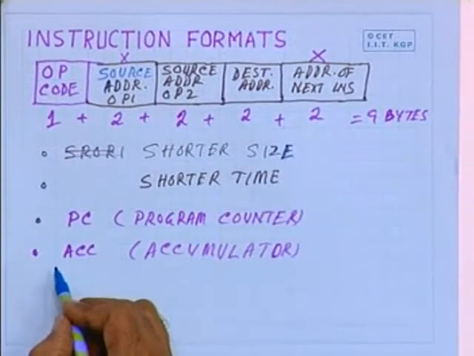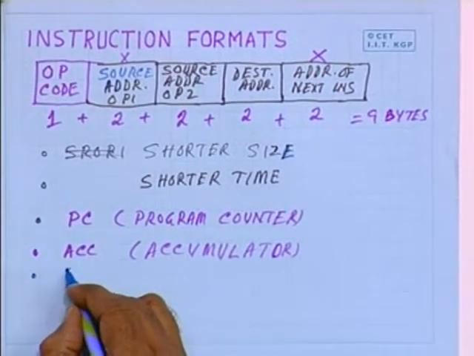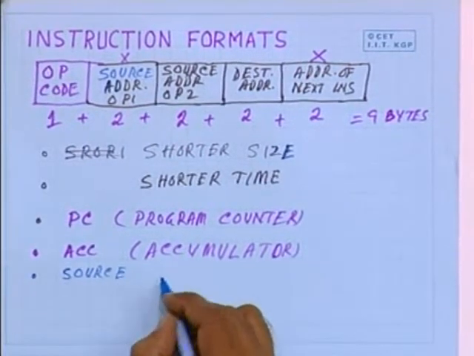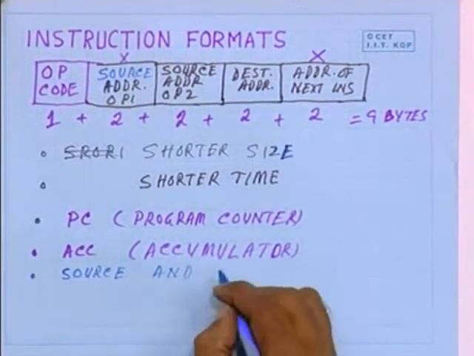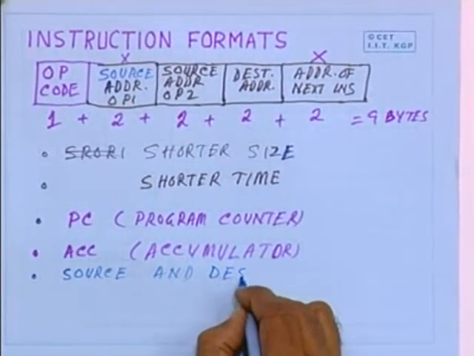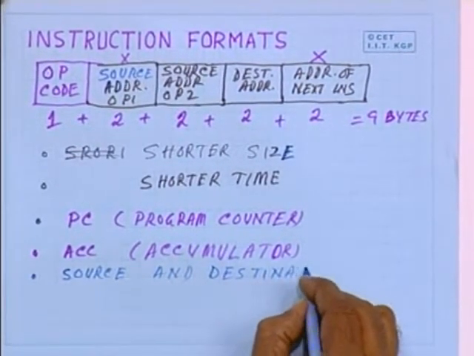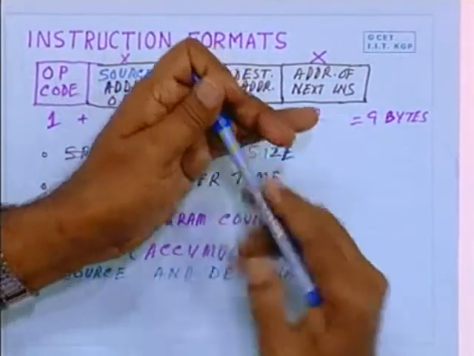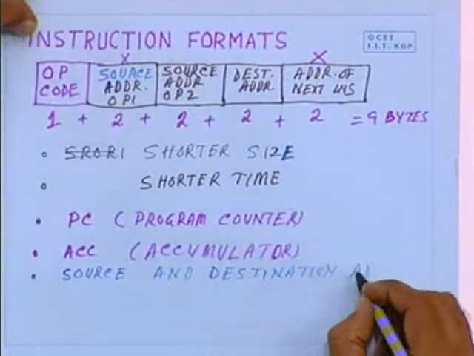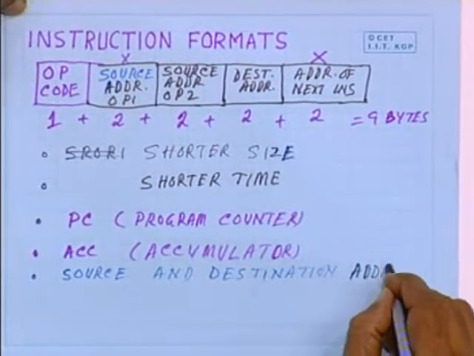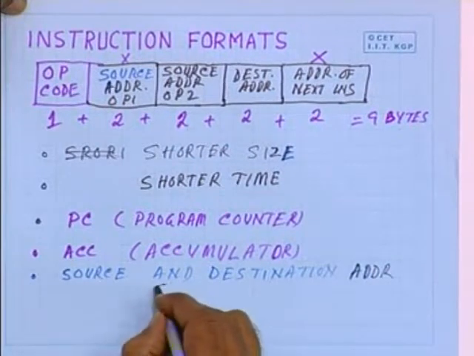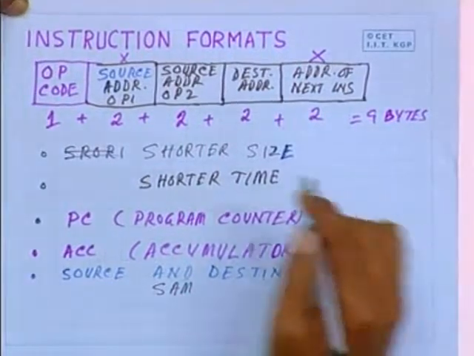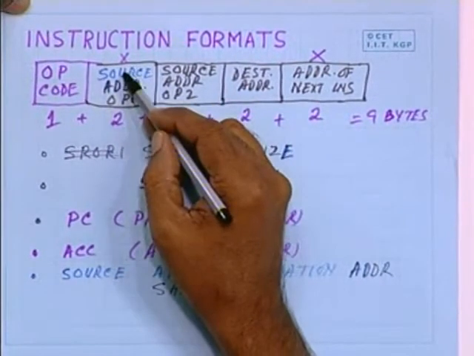Then another approach is to use the same source and destination address. In such a case, for example, the source of operand 1 was the accumulator.